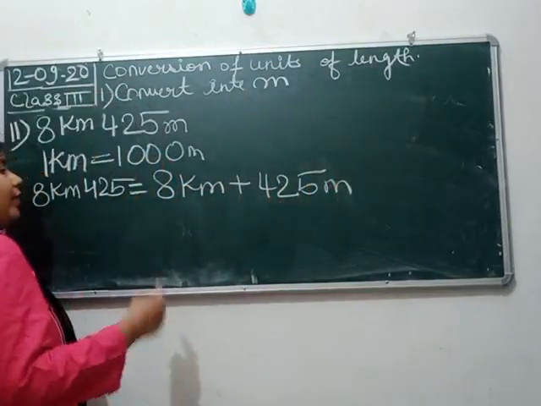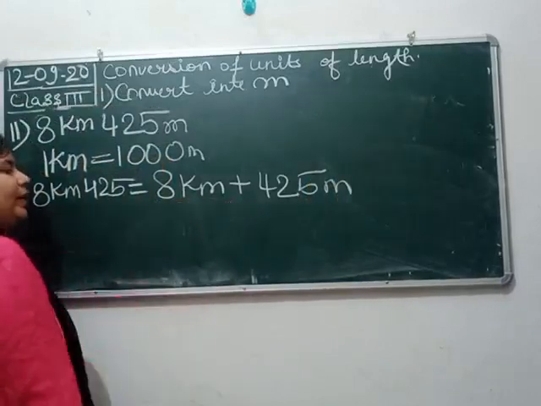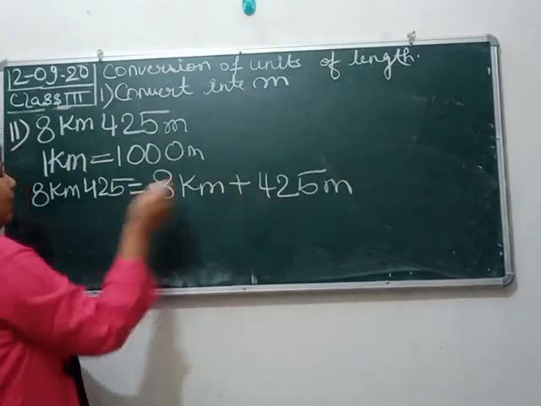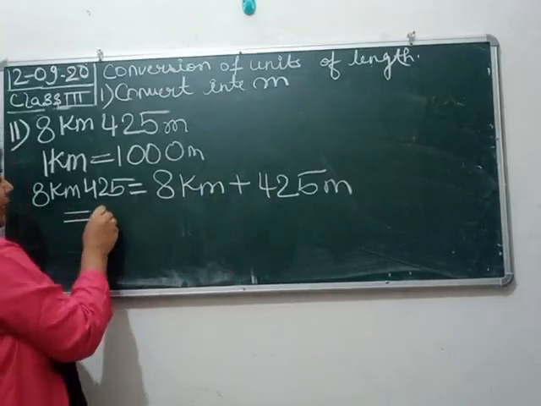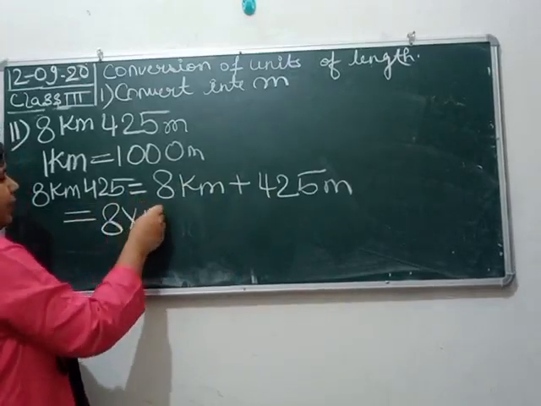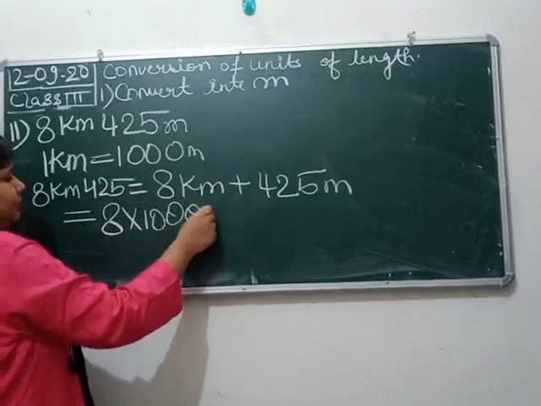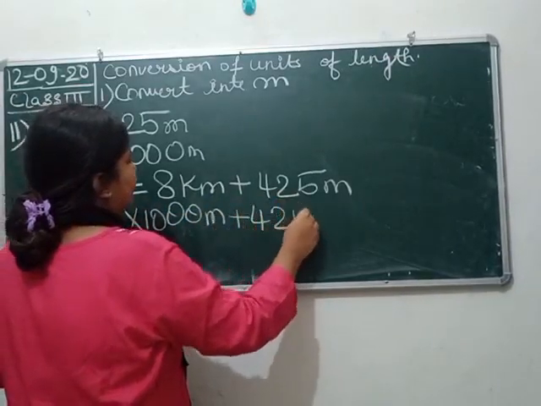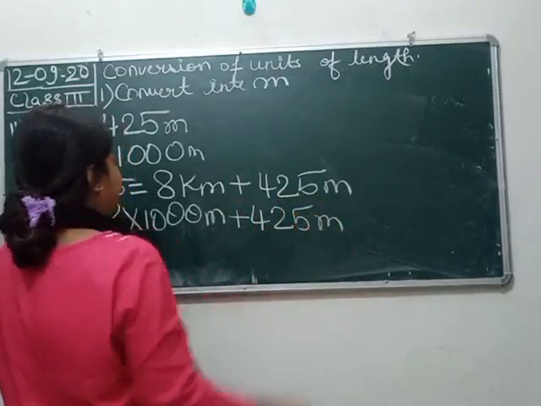Now what we will do, we will convert only this 8 kilometer part. Converting this we will get 8 into 1000 meter plus 425 meter.